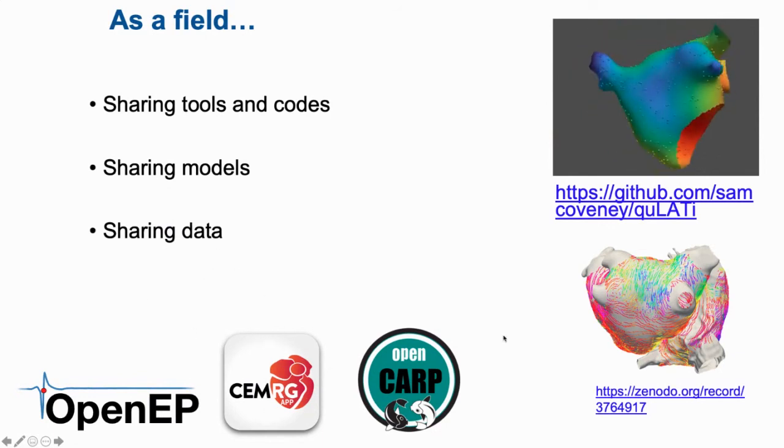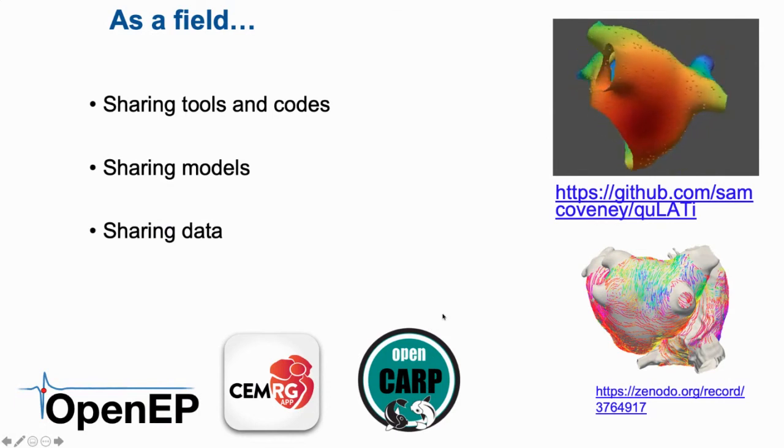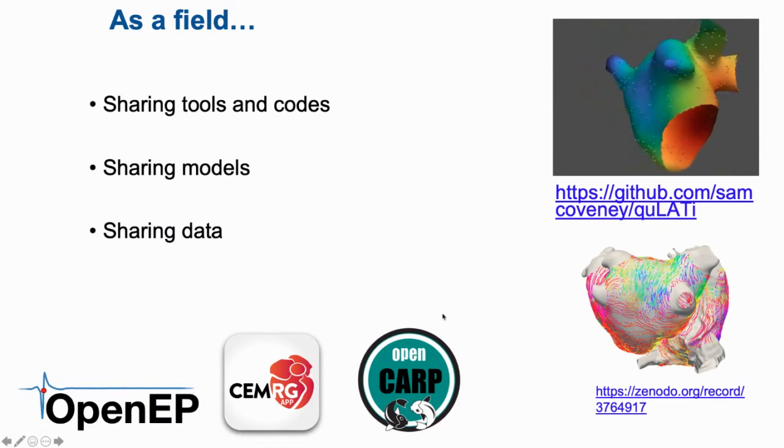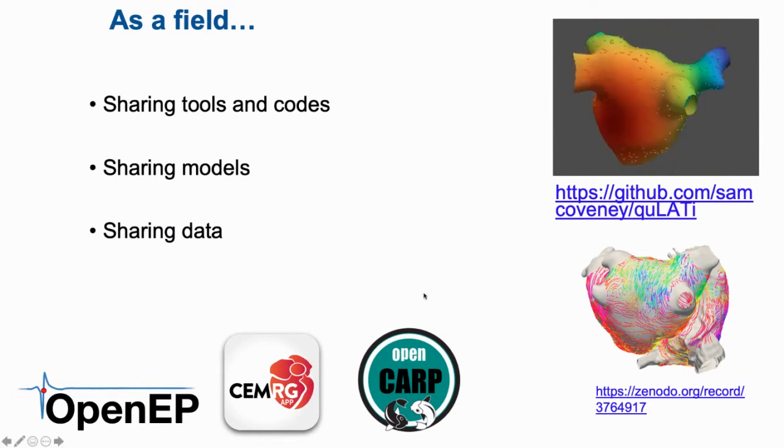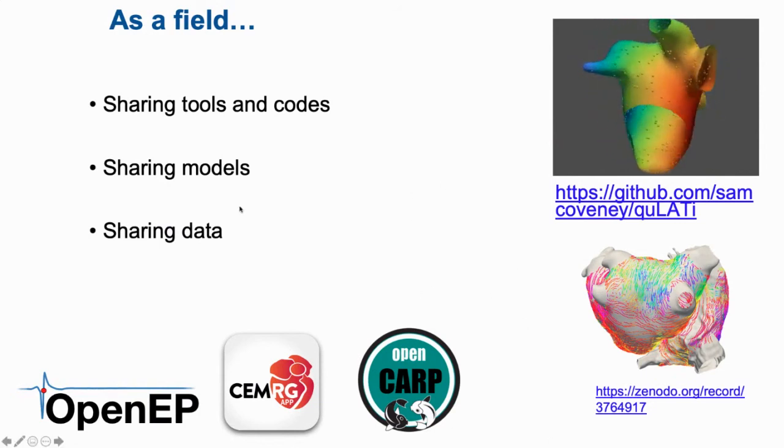And again, the CemrgApp. openCARP is the simulation software that we often use in our field, developed by Ed Vigmond and Gernot Plank and the Karlsruhe team of Axel and Olaf, and lots of other people too.